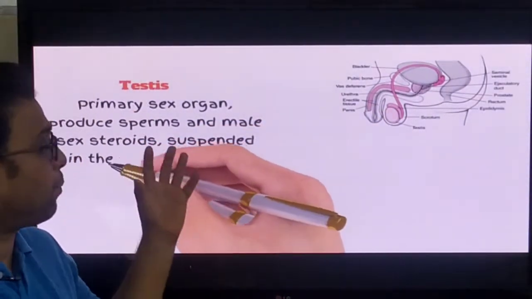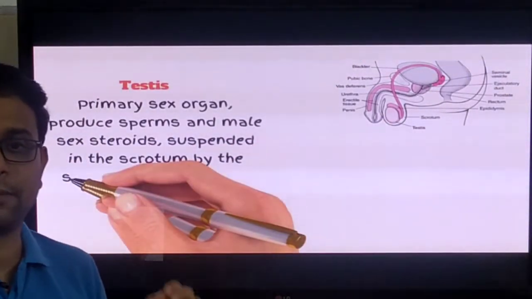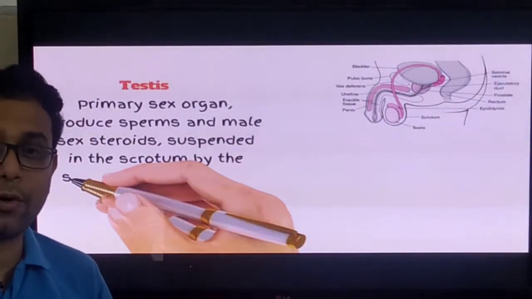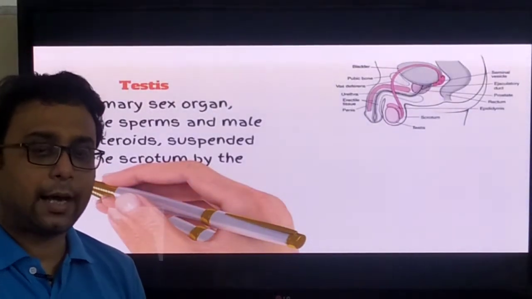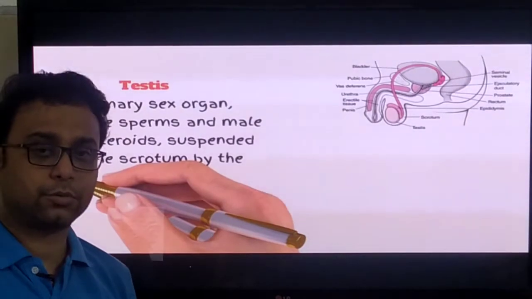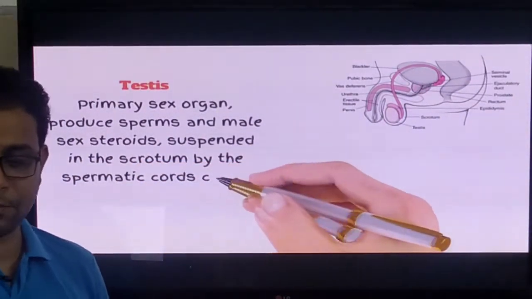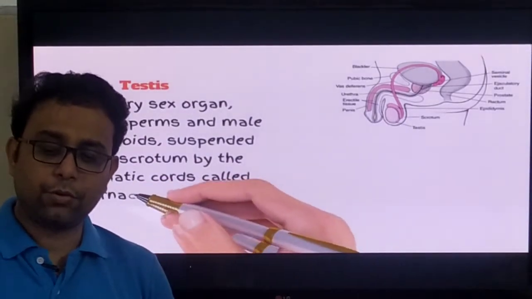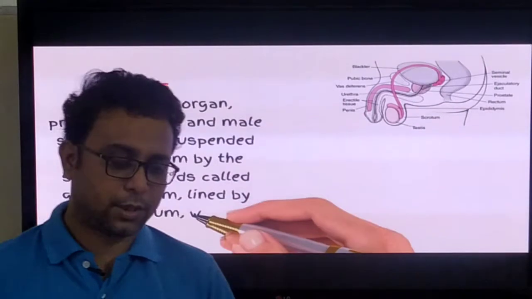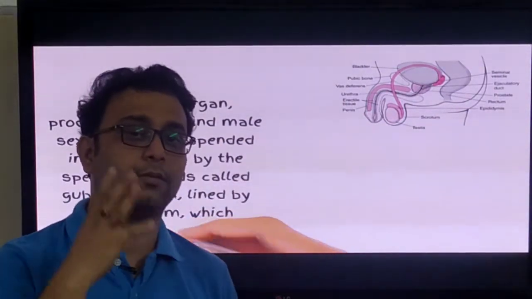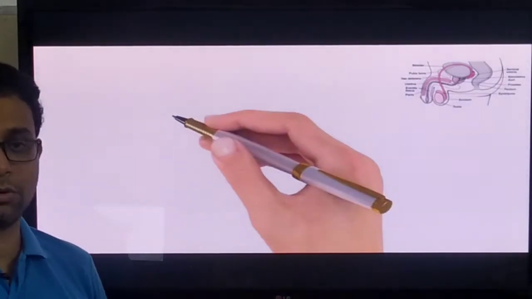It produces the sperm, and also produces steroid hormones like testosterone, and this testosterone helps to develop the secondary sexual characters. So the testis is the primary sex organ, and its most important functions are the production of sperm and the production of testosterone hormone.